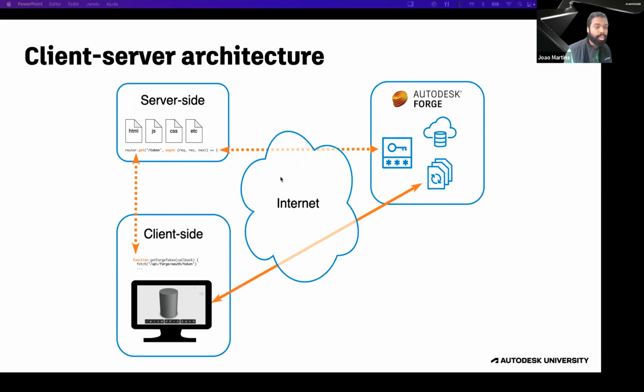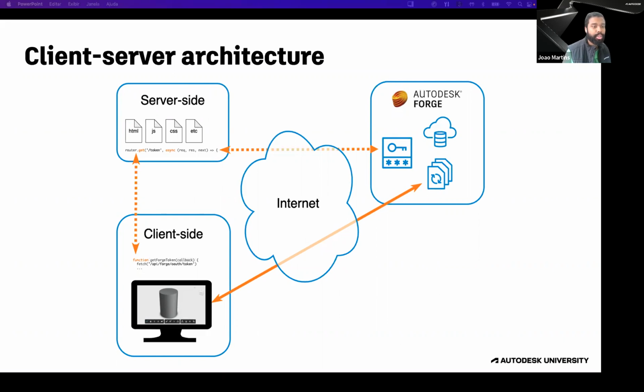The UI will call endpoints on the server side, and those endpoints will use the logic inside our server side to use the services from the Forge APIs, always through this workflow, for Data Management API, for instance. The only exception is for the viewer, when we need to render a design. In this case, we need to provide the token, the authentication, through the client side. We are going to download the viewer directly through the client side.